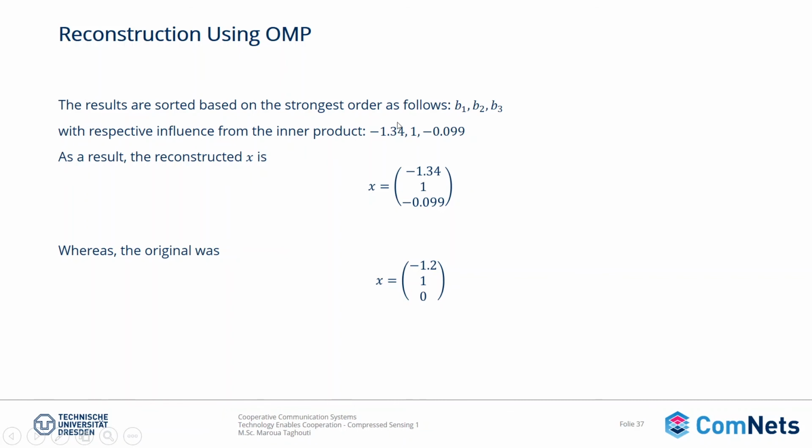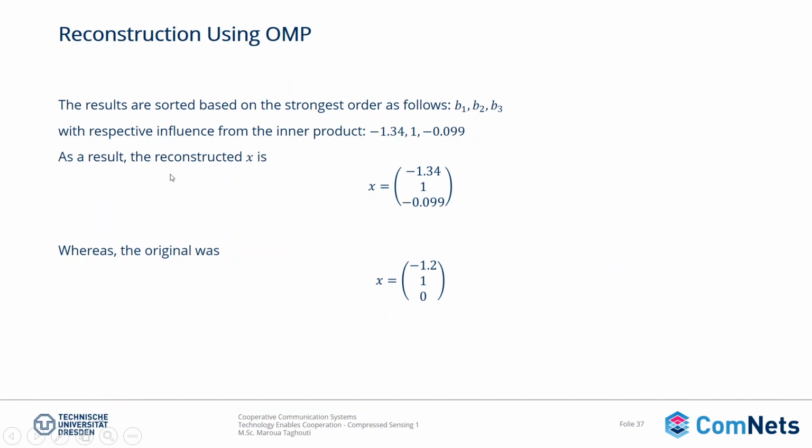So here, we sort them based on this strongest order with the respective influence from the inner product. These are the values we calculated: the inner product between B1 and Y, here R1 and B2, and here R2 and B3.